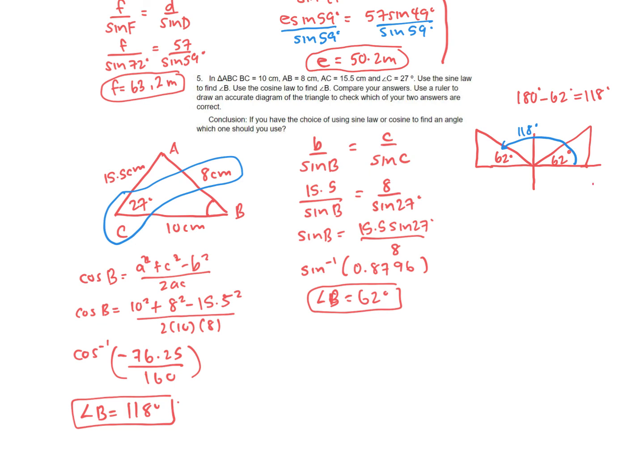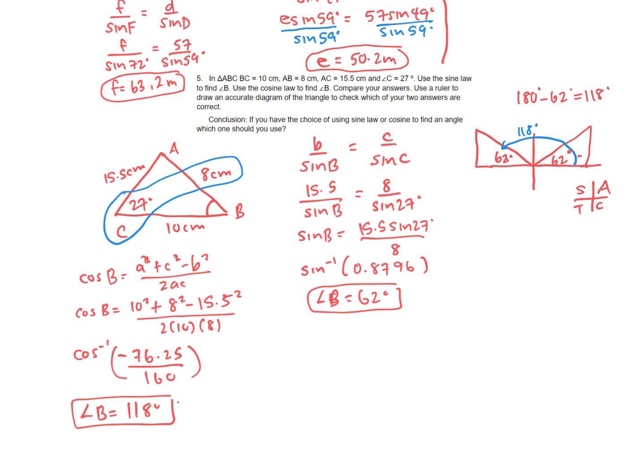So if you remember your CAST rule, all the ratios are positive in quadrant 1, but only sine is positive in quadrant 2. So sine has a positive value in quadrant 1 and 2, whereas cosine has a positive value in quadrant 1, but a negative value in quadrant 2.